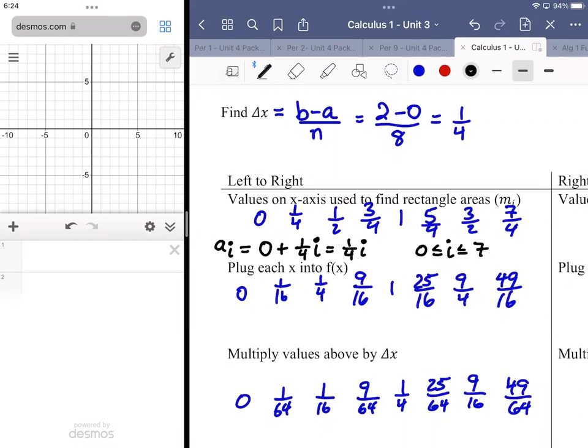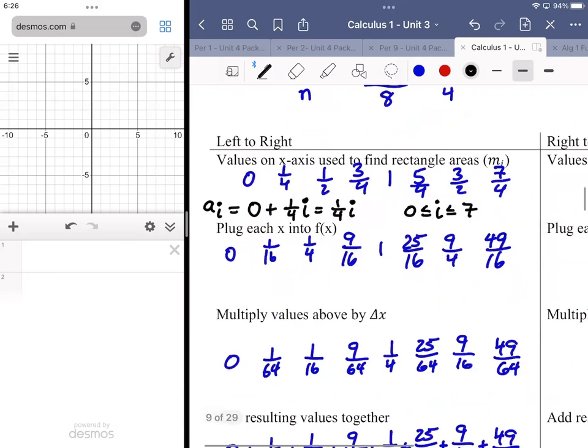Then we said plug each x into f of x. Well, what I can do here instead, we did it manually, each one of the values, but what I can do is plug my A sub I into my function. So it would become f of a sub I. It's kind of a mouthful, but it is what it is.